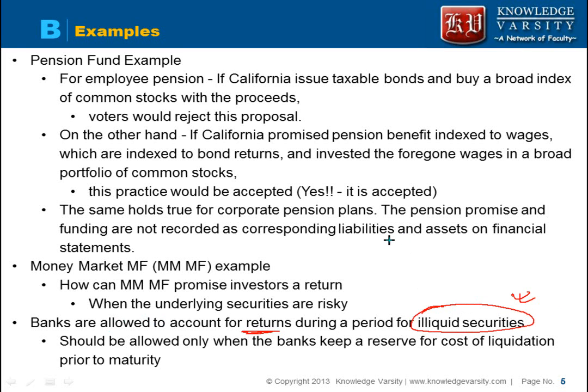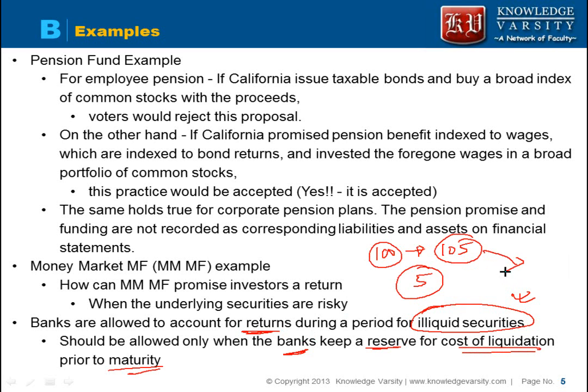Now note that for these illiquid securities you are allowed to account for the return as per the current market valuation, but it should be allowed only when the banks keep a reserve for the cost of liquidation prior to maturity. So let's say you have illiquid securities, and last quarter the value was 100, this quarter the value is 105, so you say that 5 is the gain.